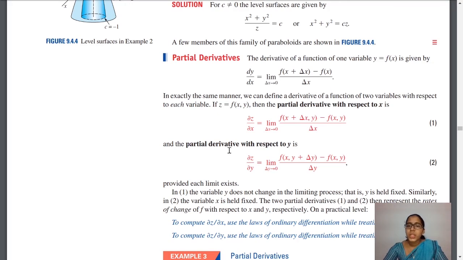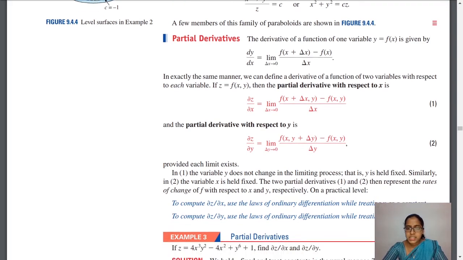And the partial derivative with respect to y is dou z by dou y, which is equal to limit delta y tends to 0 of f of x comma y plus delta y minus f of x, y, whole divided by delta y. In the first case, we took the limit of delta x keeping y as a constant, and in the other case we applied limit delta y tends to 0 keeping x as constant.